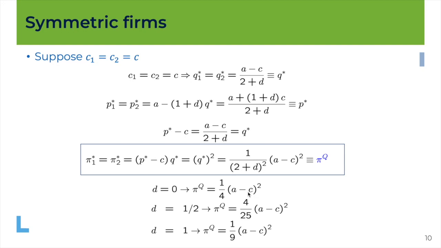And you see that the profit decreases when the products are more substitutable. When we move from D equal to 0 to D equal to 1, you see that the profit is decreasing. D equal to 0 is the monopoly case. D equal to 1 is the case of homogeneous products. And that's where the profit of each firm is the smallest, simply because, I repeat, when products are less differentiated, when D is larger, there is more competition between the firms.